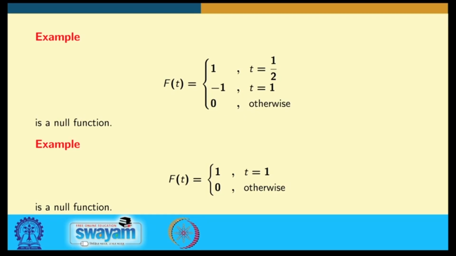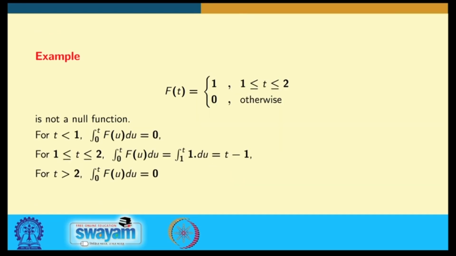Another example, as I gave you, f(t) equals 1 at t equals 1 and 0 otherwise is a null function. This function is not a null function when t lies between 1 to 2, because for 1 to 2 the value is t minus 1 and for the other case it is equal to 0. So, therefore, the function is not a null function.